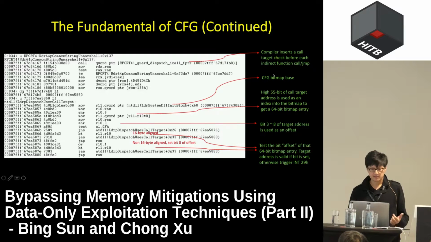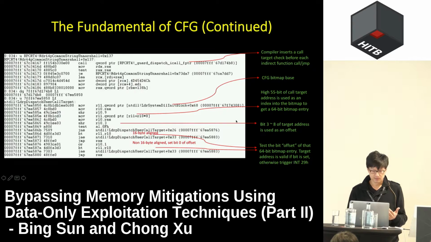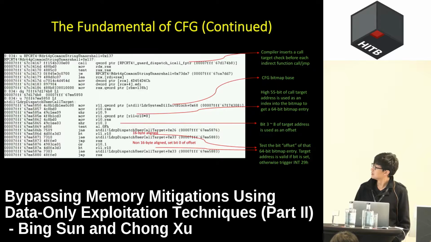What happens inside the CFG validation routine is, first, the high 55 bits of the call target address are used as the index into the CFG bitmap to retrieve a 64-bit bitmap entry. Then bits 3 to 8 are used as an offset, and it tests that bit offset of the bitmap entry.